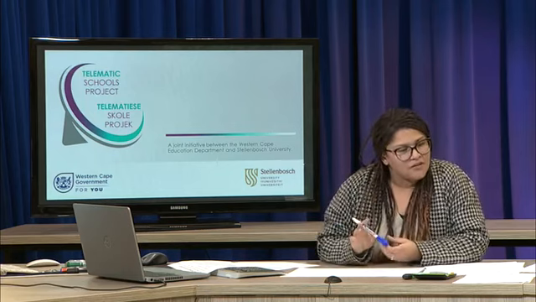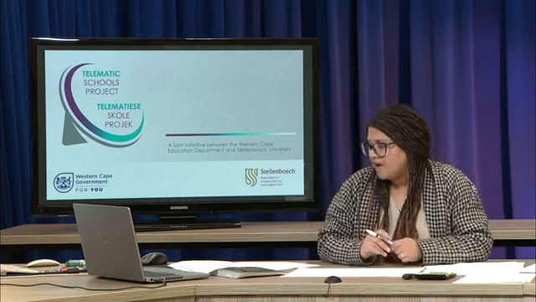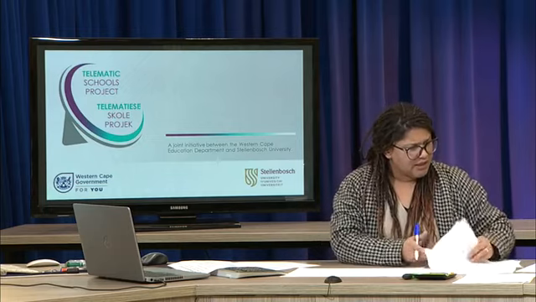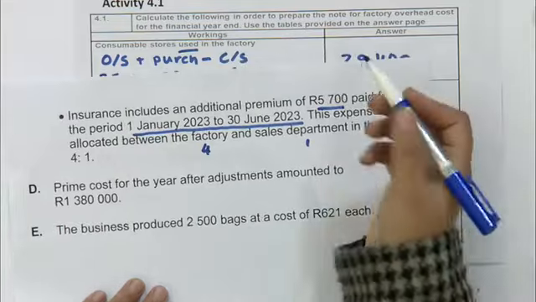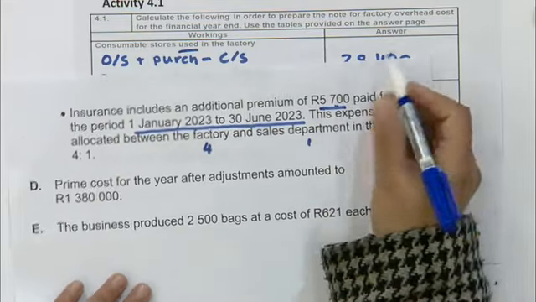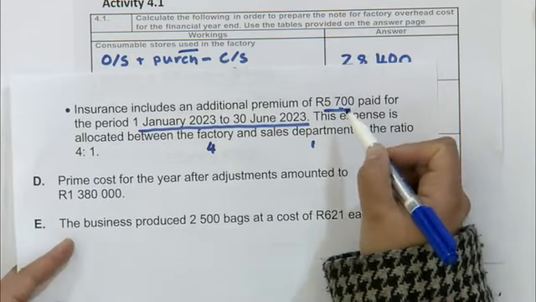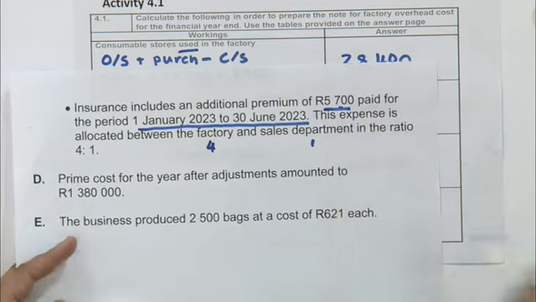So of the amount of that 5,600, if I'm not mistaken, let me just get to that information quickly. It's 5,700, my apologies. 5,700 of that, only 4 months must be subtracted. So we're going to figure out of this total of 6 months, the 4 months, and then subtract it.